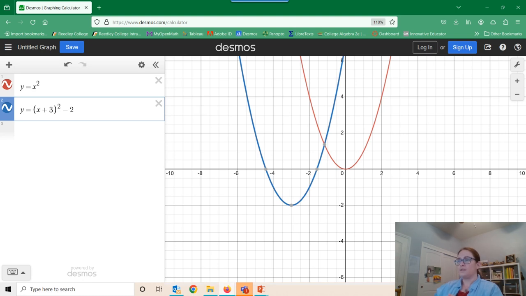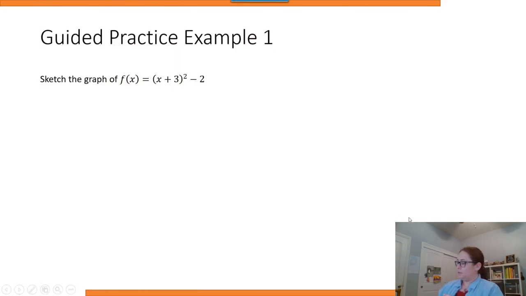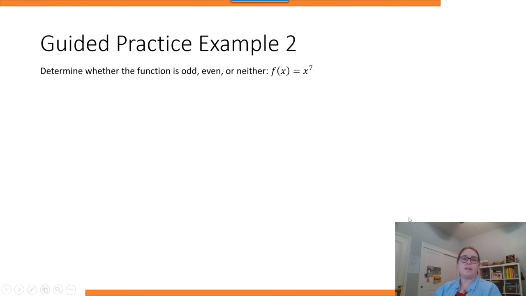Okay, one more question for this video, and that is determining whether a function is even, odd, or it could be neither. Okay, if there's no symmetry, then it's not even or odd. Here I have f of x equals x to the 7th. Now there's a variety of ways that we can determine this. One, I could just start by plugging negative x into the function, simplifying, and see what happens.